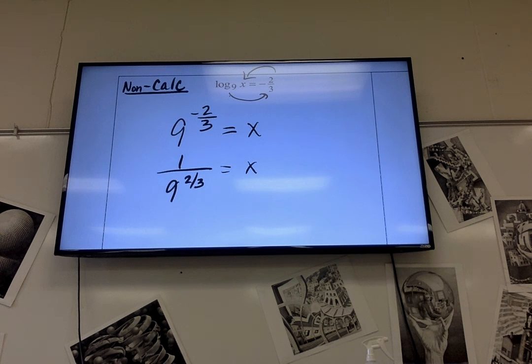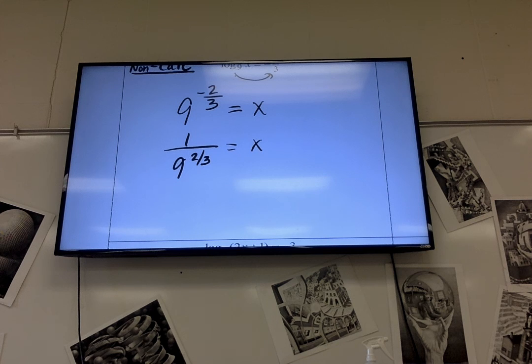Excellent. Now, how can I get rid of the 2/3? So when I have a number raised to a power that's a fraction, yeah, you root it. Now, the number on bottom is the root, and the number on top is the power.